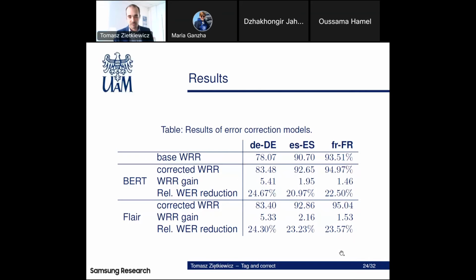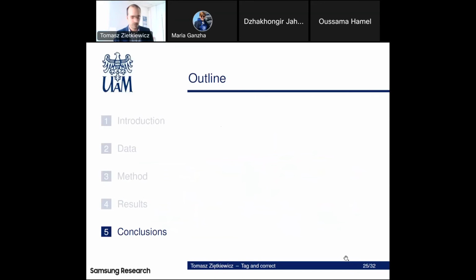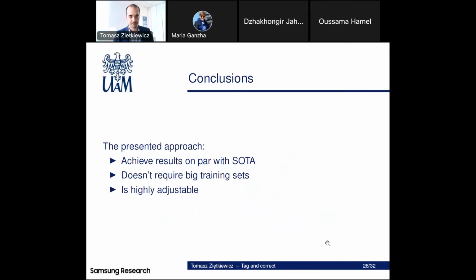Okay, maybe I'll just go to conclusions because we are out of time. So as I said, the results are comparable to state-of-the-art results, but it's hard to compare if we are not comparing on the same data sets.